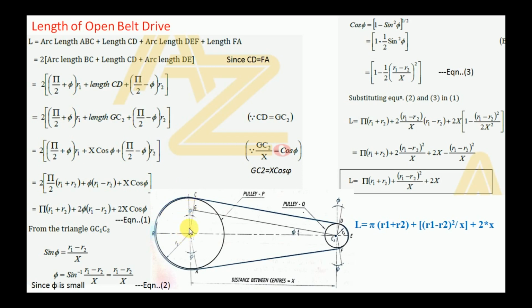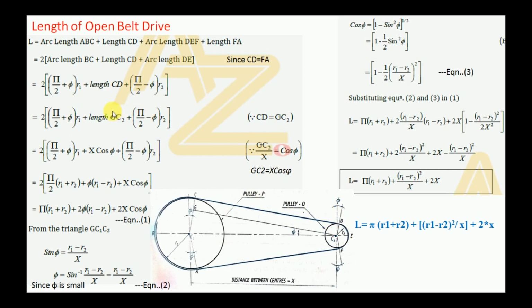Therefore the total angle is pi by 2 plus phi, and multiplied with the radius R1 it becomes the arc length BC, that is pi by 2 plus phi times R1, plus the length CD, which we will keep as it is. Plus the arc length DE. Here the angle is less than 90 degrees, therefore pi by 2 minus phi, multiplied with the radius R2. Pi by 2 minus phi times R2 gives the arc length DE.